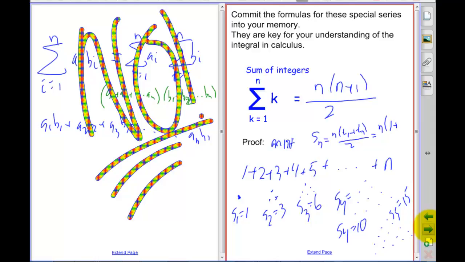What's the nth term? n. Okay, now, watch out for that. That's right in this case because we have the identity series, that is t sub n equals n. Normally t sub n is a whole other formula, right? But the identity series works out to be this: n times n plus 1 over 2. So it's t sub 1 plus t sub n. Yes, that's the formula for arithmetic.